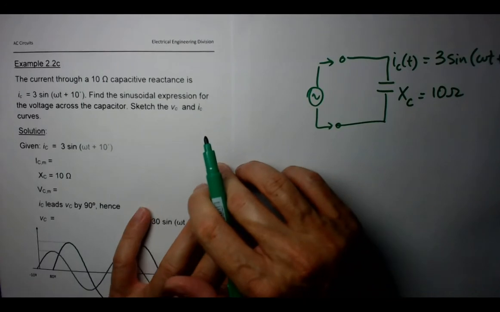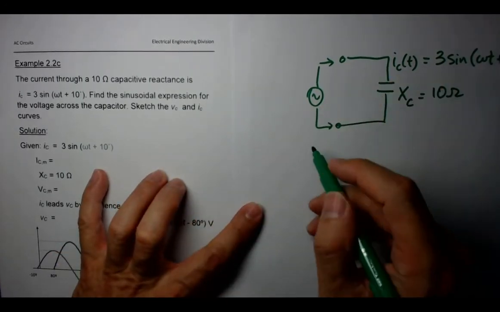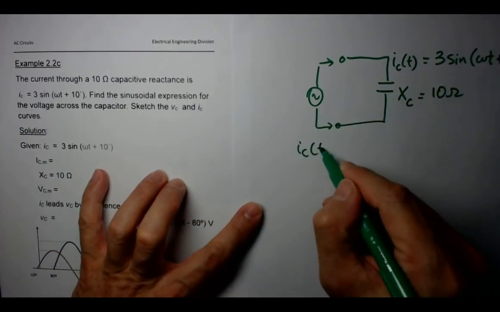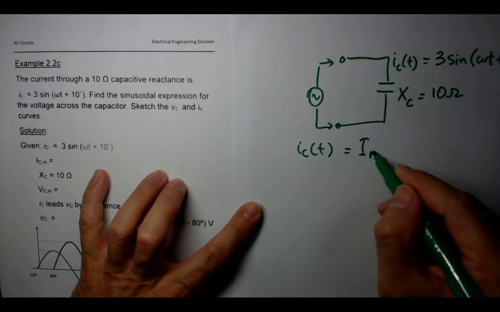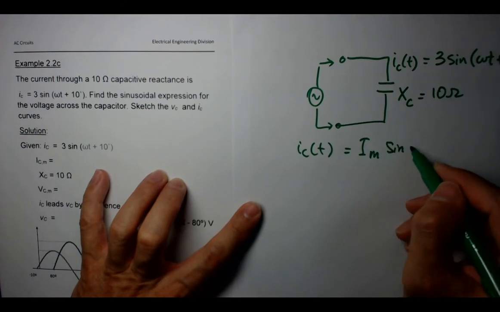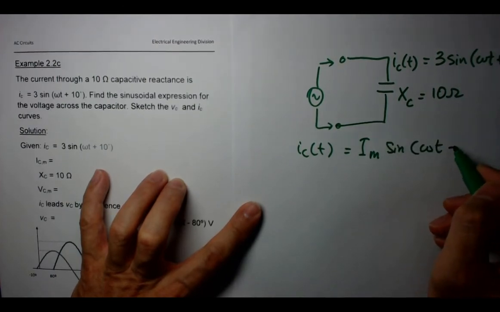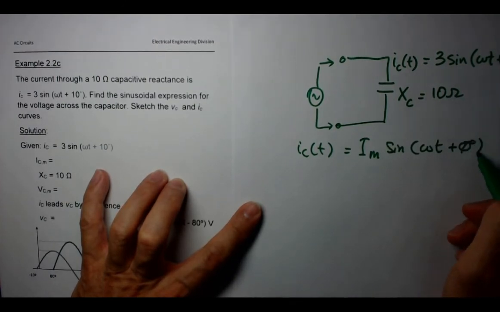Now, if we compare this with the waveform of a typical sinusoidal current wave, we have I peak or maximum sine of omega t plus a phase shift angle.